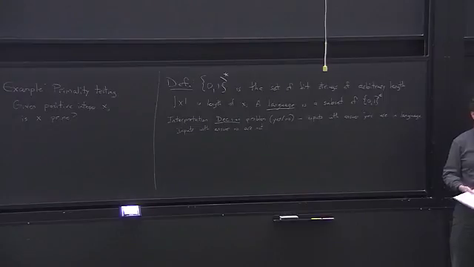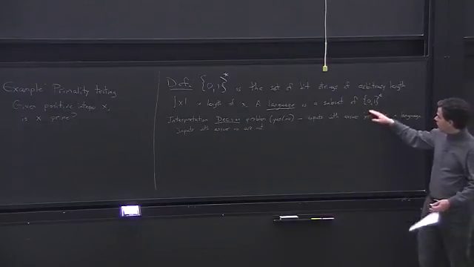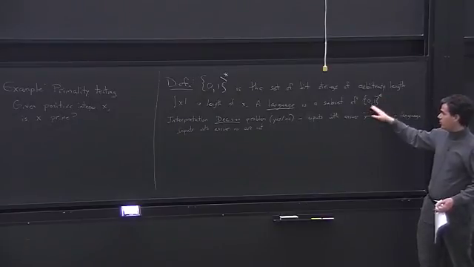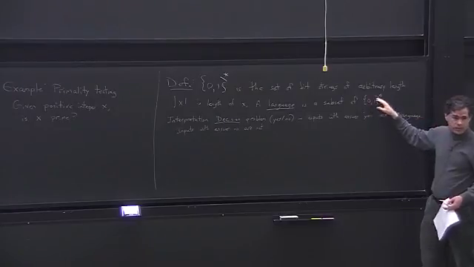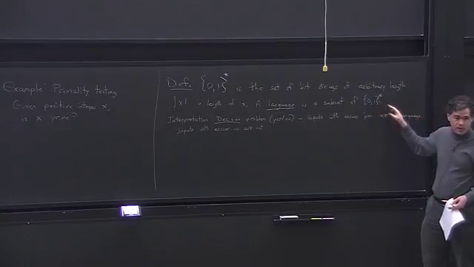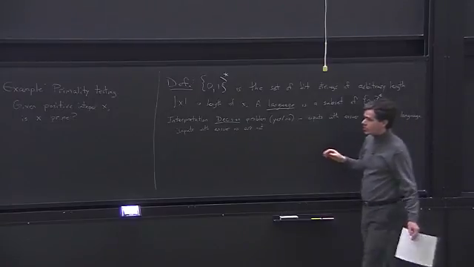Are we okay with this set being countably infinite? Yes, in fact, that's what we want. Because if the language is only finite, then it's always going to end up being kind of easy.